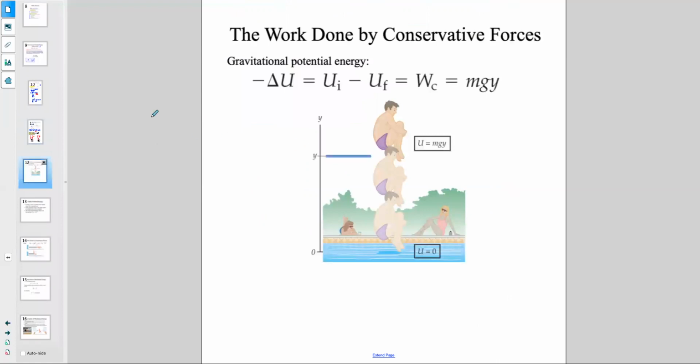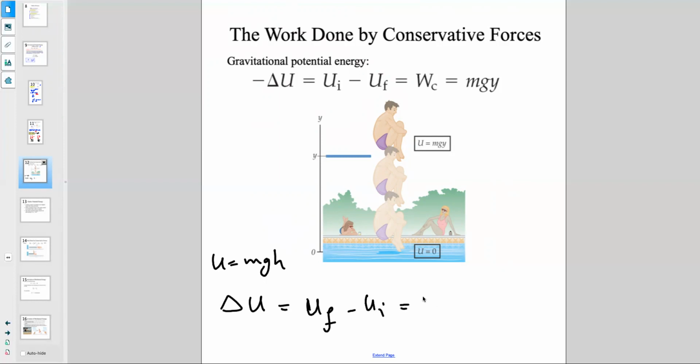The work done by a conservative force is, like what I had before, negative delta U, or change of the potential energy of the object. U was what? mgh, correct? Delta U is U final minus U initial.